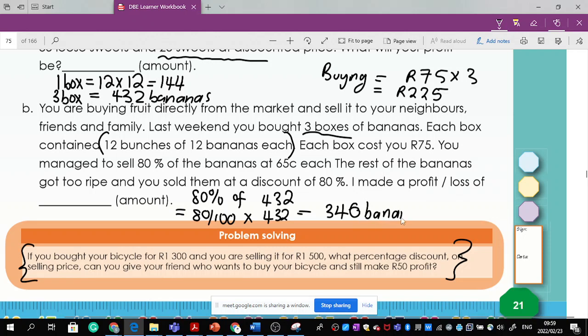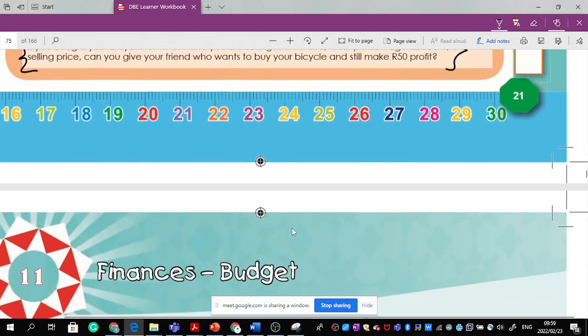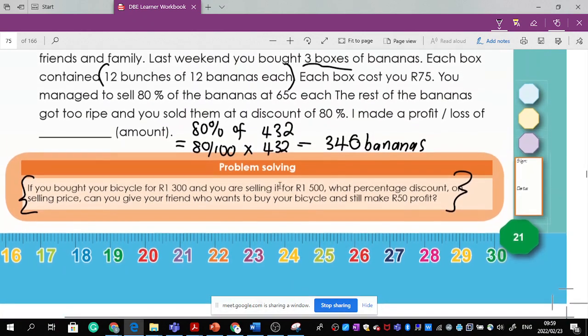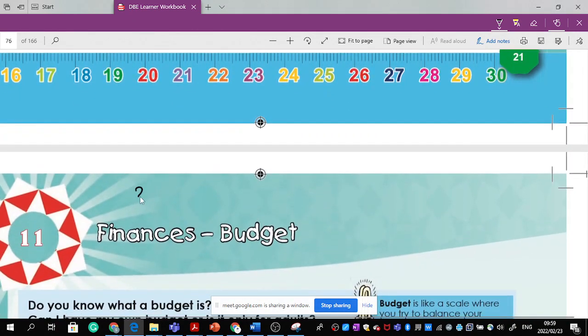So from those 346 bananas, we know we are selling each at 65 cents. Let's find the total selling price for the 80% of bananas. So it's going to be 346 bananas times 65 cents.